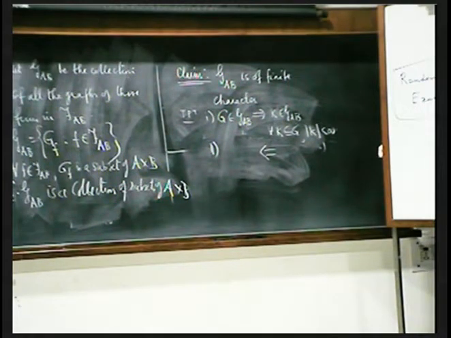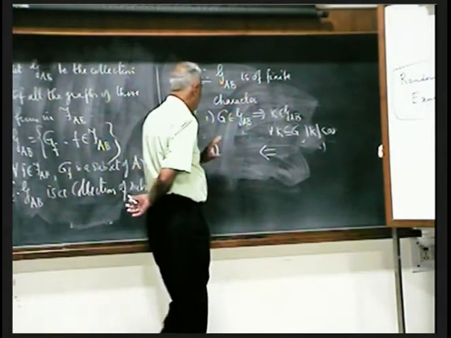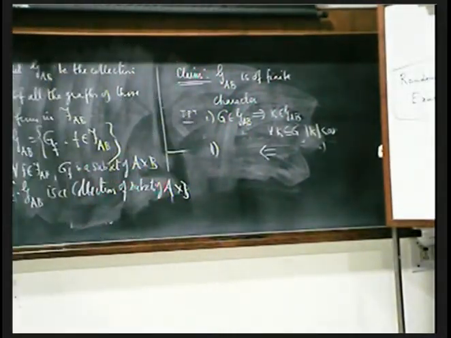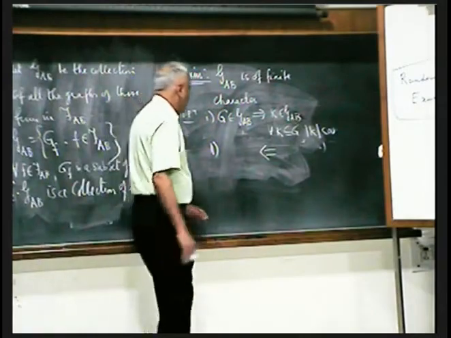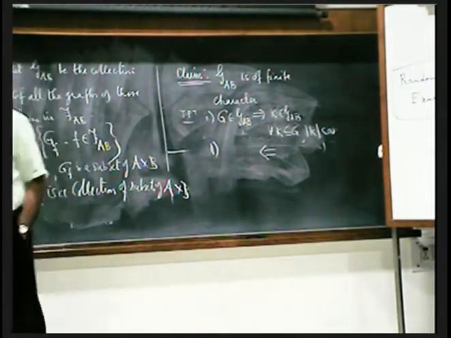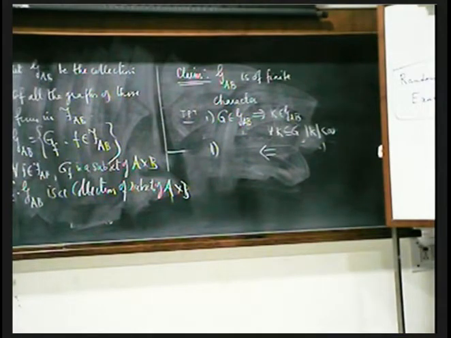So this is what we have to show. These are the two things we have to show in order that GAB is of finite character. Okay. So let's look at one. Let me very quickly explain. I will explain the first one, and the second one I will leave as an exercise.